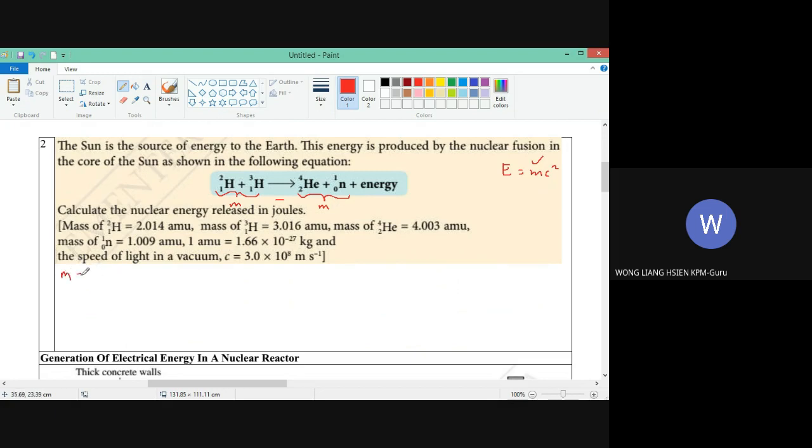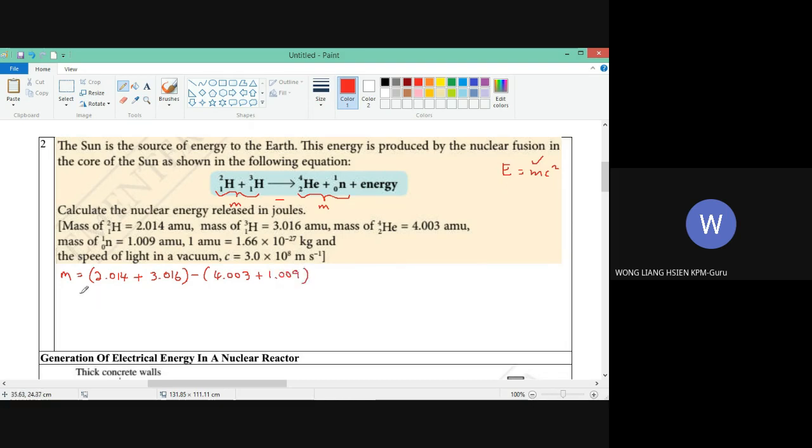So the mass effect is: deuterium 2.014 plus tritium 3.016, this whole thing minus helium nucleus 4.003 plus 1 neutron 1.009.